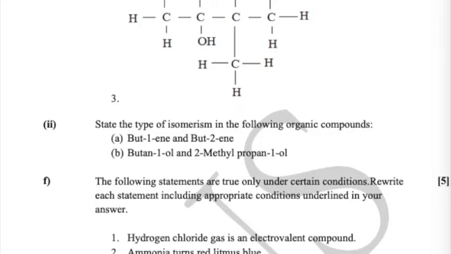Fourth one, hydrogen chloride is soluble in water. I don't know what this is. What's the answer? Hydrogen chloride gas is highly soluble. Yeah, I wrote hydrogen chloride gas is highly soluble in water. But how is that the condition? Gas is the condition. But if it's acid, they would have said hydrochloric acid.